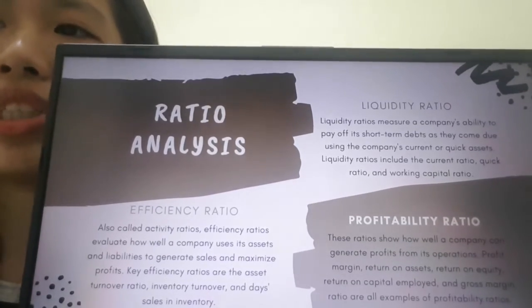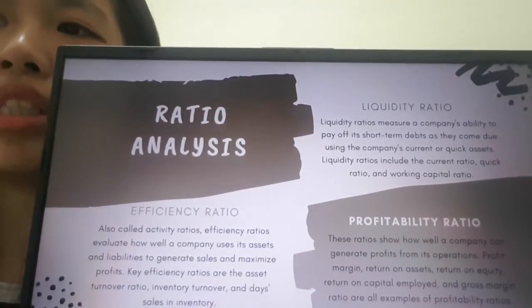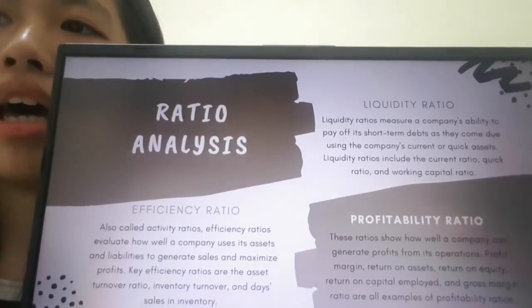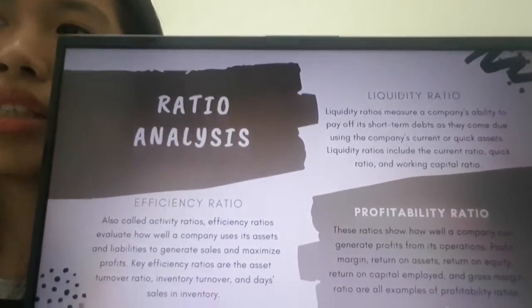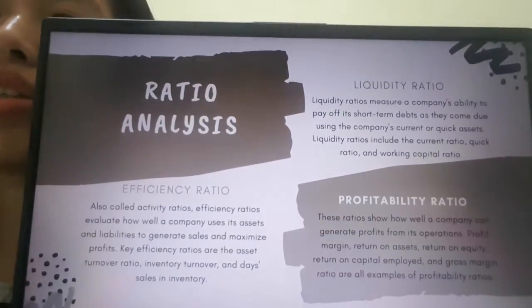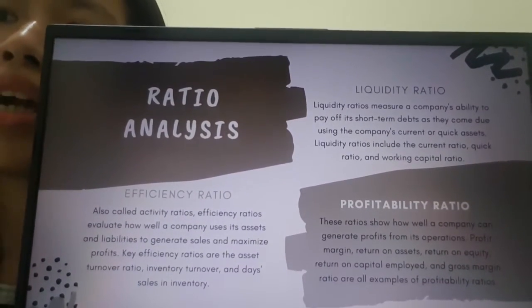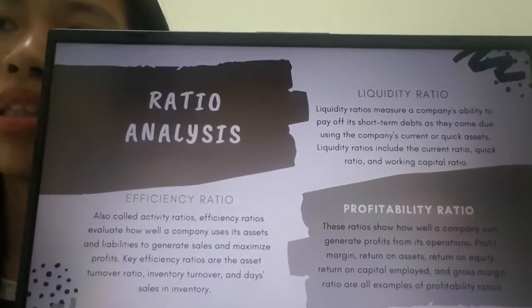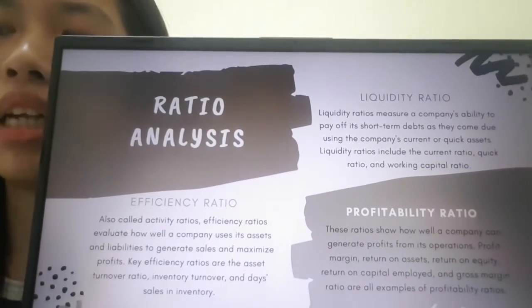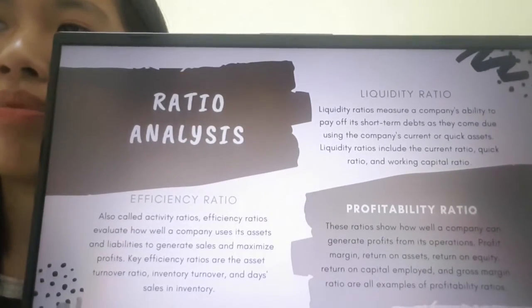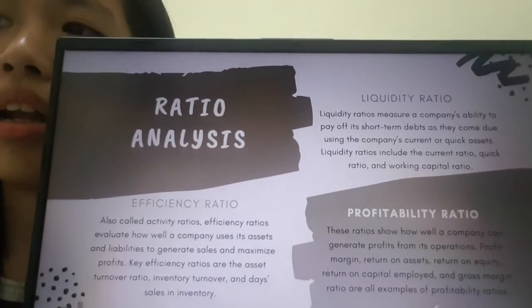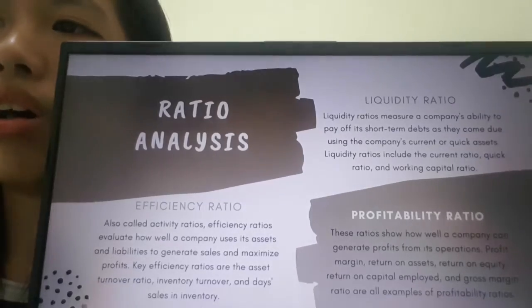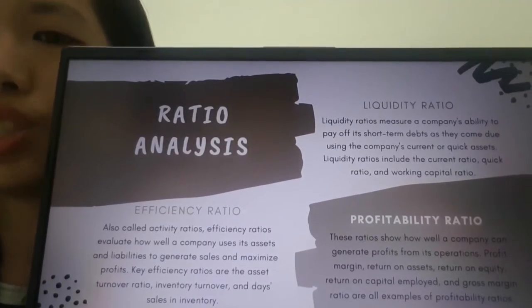Key efficiency ratios are the asset turnover ratio, inventory turnover, and the sales in inventory. Next, the profitability ratio shows how well a company can generate profits from its operations. Profit margin, return on assets, return on equity, return on capital employed, and gross margin ratio are all examples of profitability ratio.